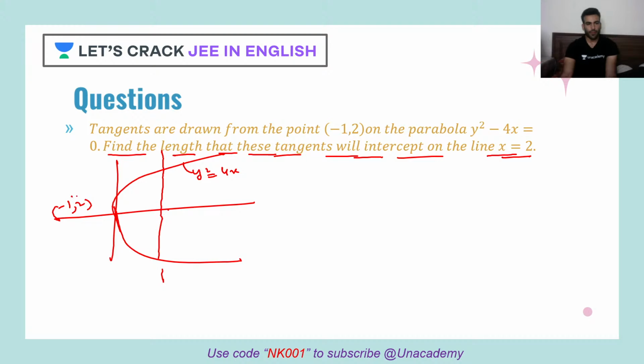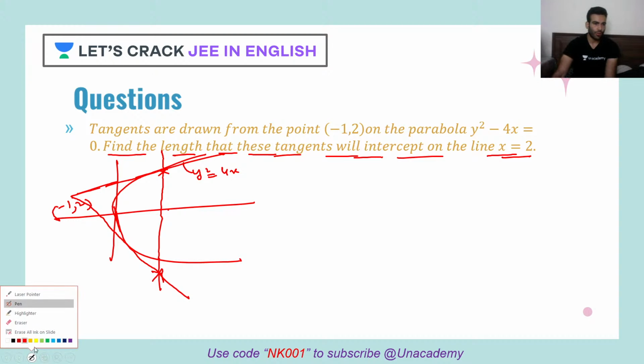From this point, if we draw tangents, they will intersect the line here and here. So this question wants you to calculate this length. I'll use green color to show you the length of the intercept.